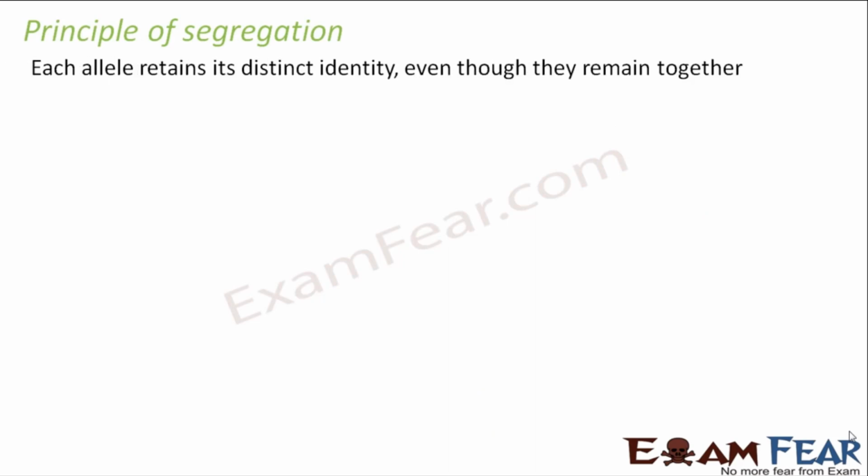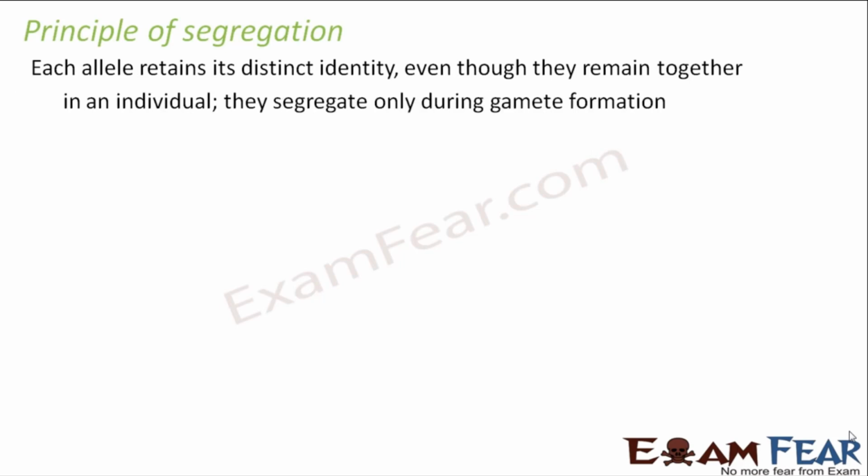Next was the principle of segregation. It says that each allele retains its identity even though they remain together in an individual. They segregate only during gamete formation. That means when we talk about a heterozygous tall plant, for example, capital T, small t, they always remain together and they together make the plant tall.